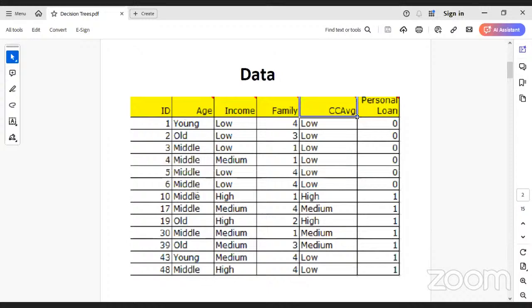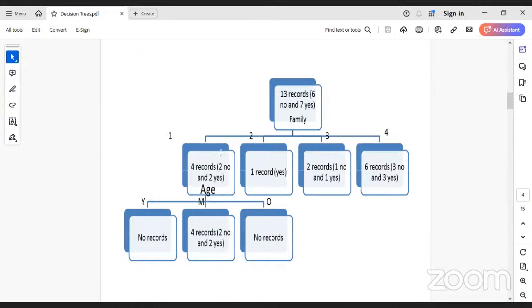We have young, middle, old. That is how we have categorized. So when family is equal to one category, age has three levels, that is young, middle, and old.